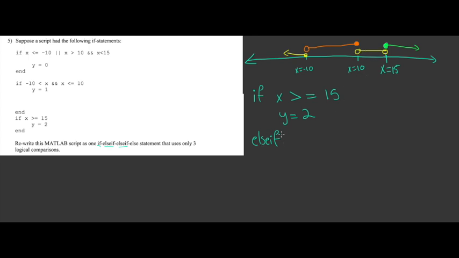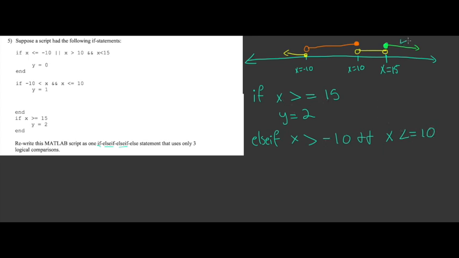So if we say else if x is less than or equal to 10 but greater than negative 10, we'll make that our second interval, and now it will have us up to 3 logical comparisons. So think about it. If we say x is greater than negative 10 and x is less than or equal to 10, that's our 1, 2, and 3 logical comparisons.